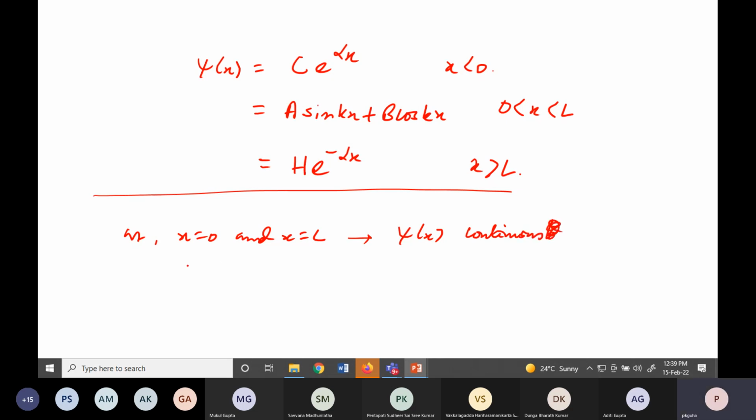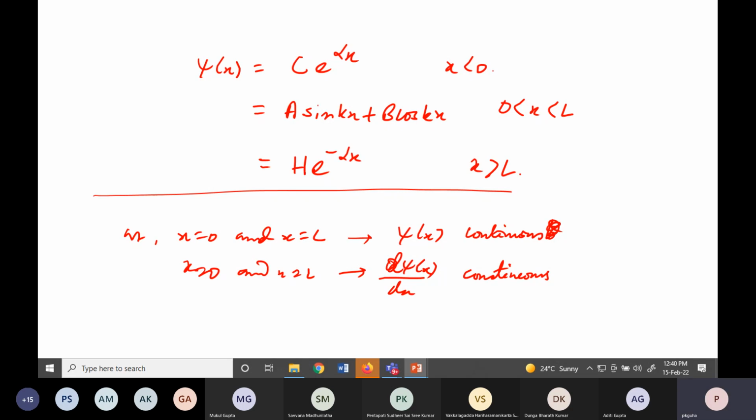And also at x equal to 0 and x equal to L, d psi dx should be continuous, because you remember the equation itself contains the d2 psi dx2 term. So both psi x and d psi dx should be continuous, otherwise d2 psi dx2 will be infinity, right? So we use these conditions and find out the values of c, a, b and h.